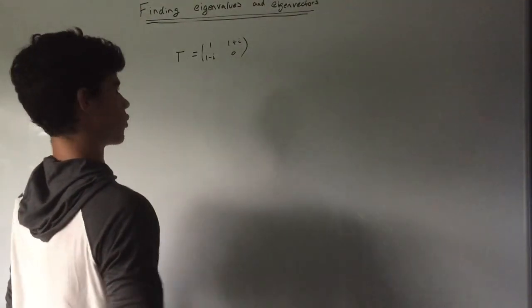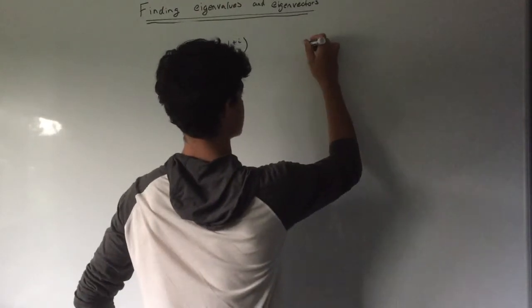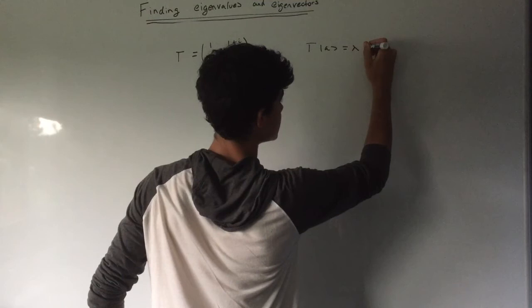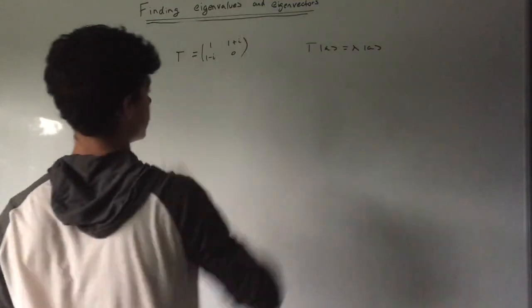Going back to our old equation, we have T times a certain vector a is equal to that same vector just scaled by the eigenvalue.